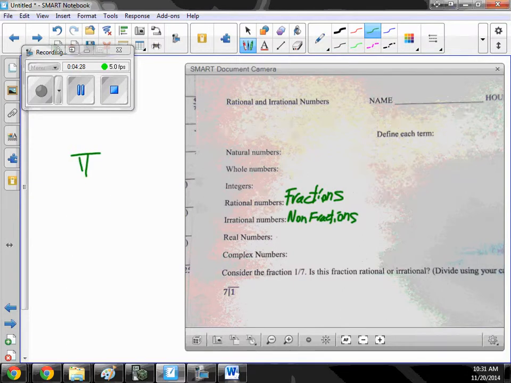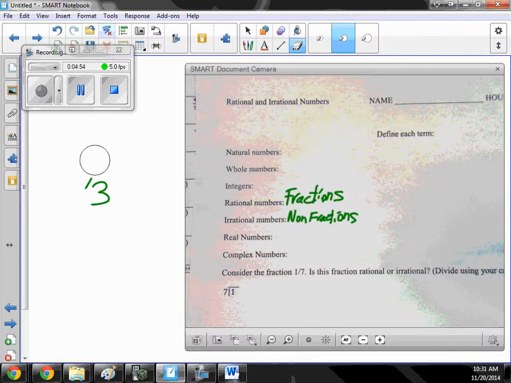What about pi over 3? Rational or irrational? Irrational, but wait a minute, it's a fraction. Right. When I say fractions, I mean numbers where the top is an integer and the bottom is an integer. So this is not really considered a true fraction because the top is already irrational.